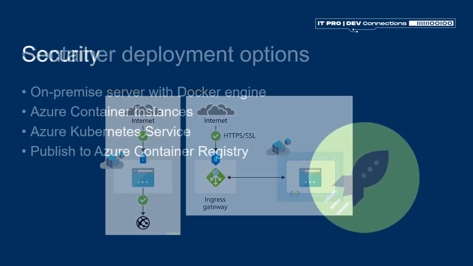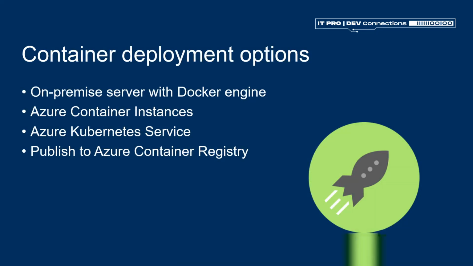There are a lot of deployment options. As I've said, there's an on-premise server with Docker Engine installed, so you can have everything completely configured on premises, and just metering and billing data are communicated outside of your organization or your setup.